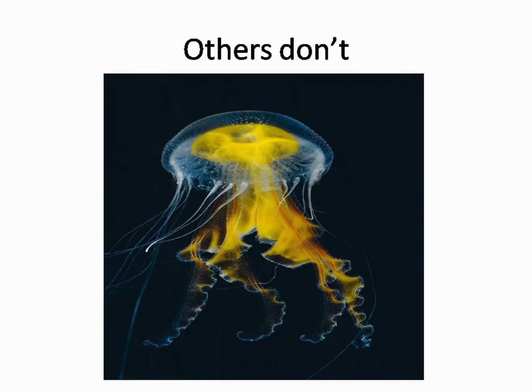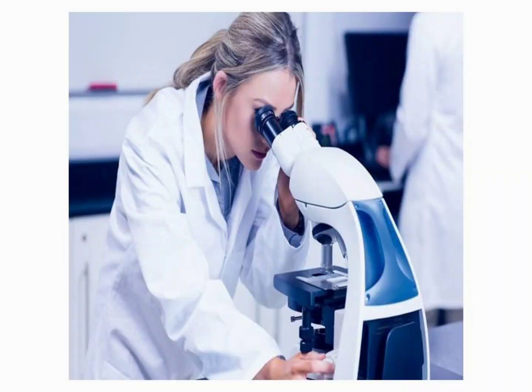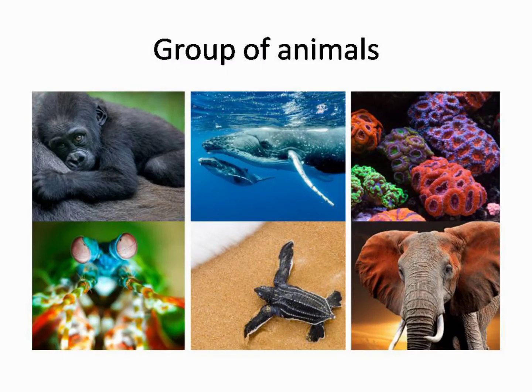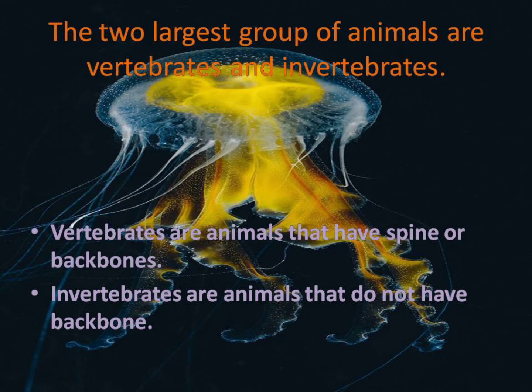To help us understand the differences between the animals in our world, scientists classify or sort animals into different groups that share important characteristics. The two largest groups of animals are vertebrates and invertebrates. Vertebrates are animals that have a spine or backbone. Invertebrates are animals that do not have a backbone.